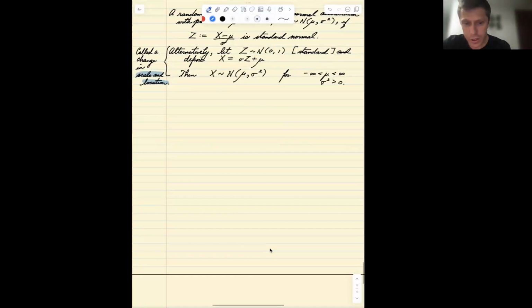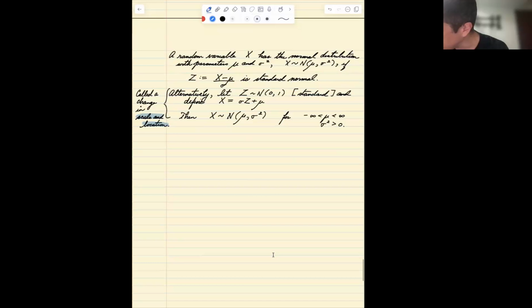And because of this, what can we say? Well, we can rederive the density, the distribution function, and everything like that. So let x be normal mu sigma squared, then by definition we can write x as sigma z plus mu for a standard normal random variable z.